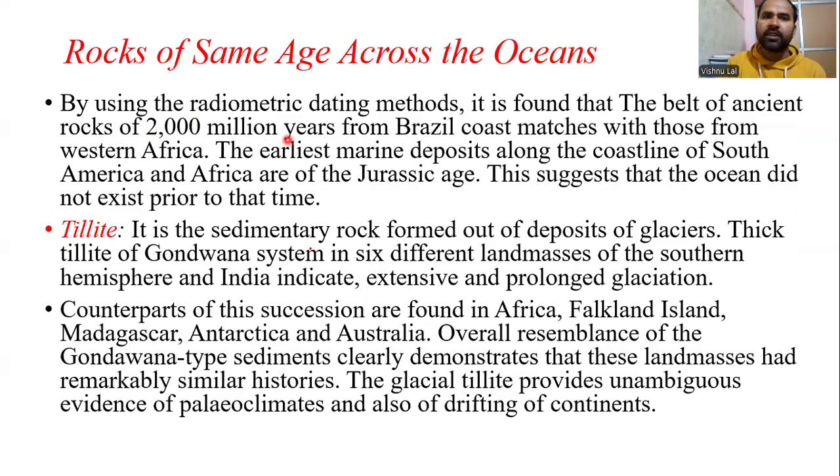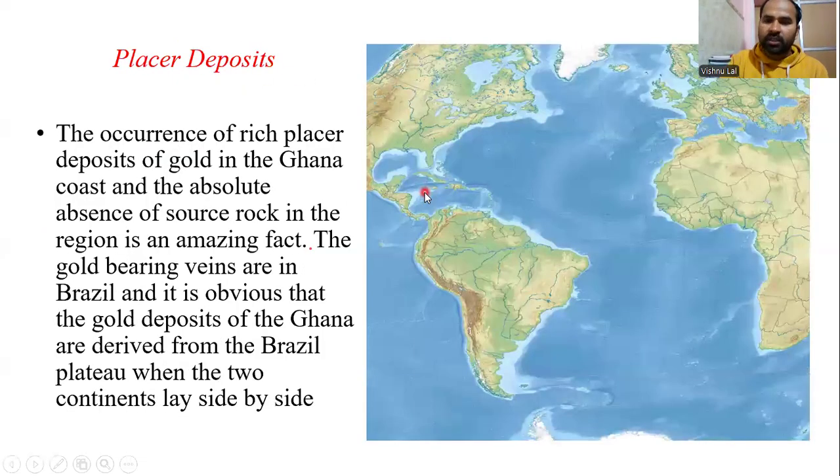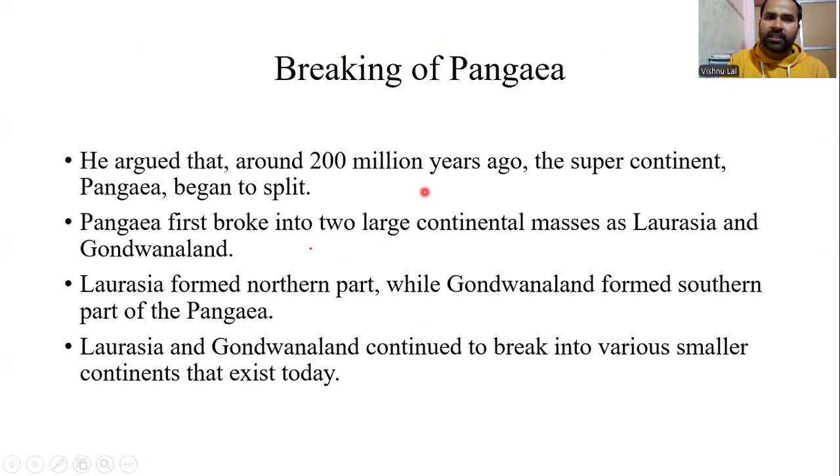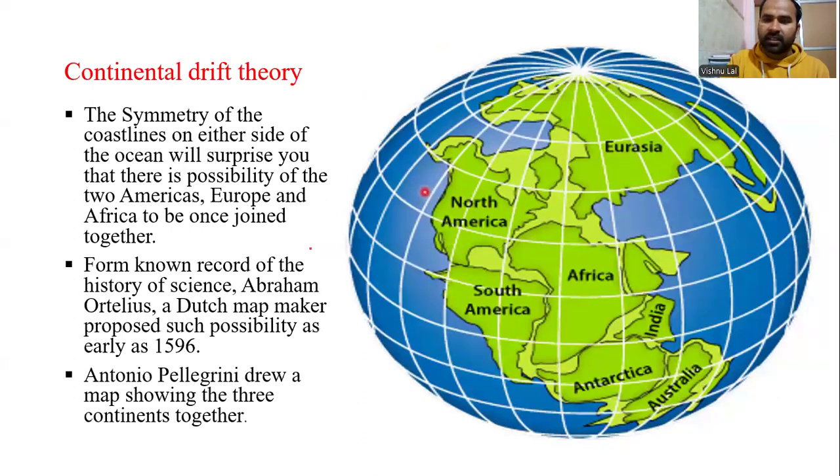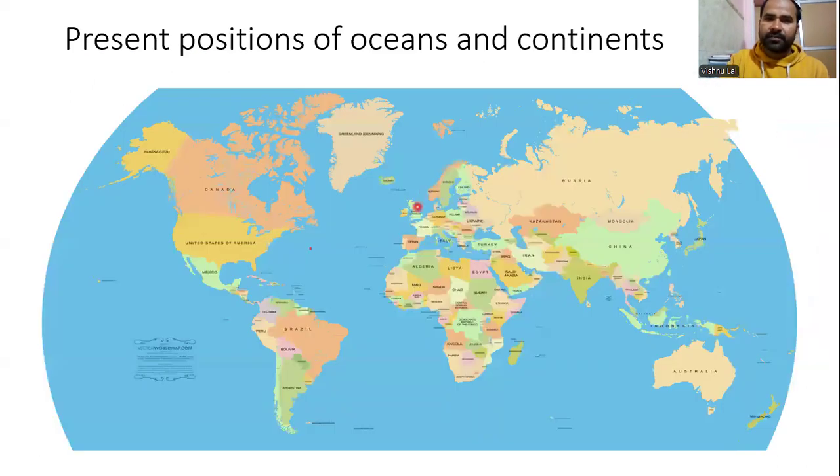Next evidence he has presented is rocks of the same age across the ocean. What this means is that whichever rocks are found on this coastline and that coastline belong to the same age, even though in present time they are far apart from each other.